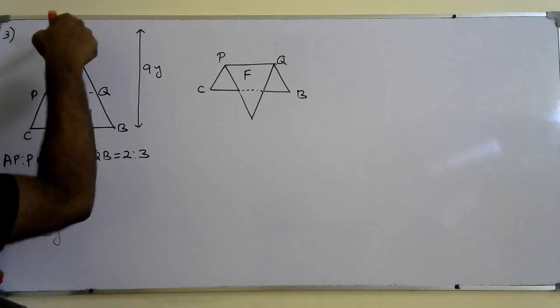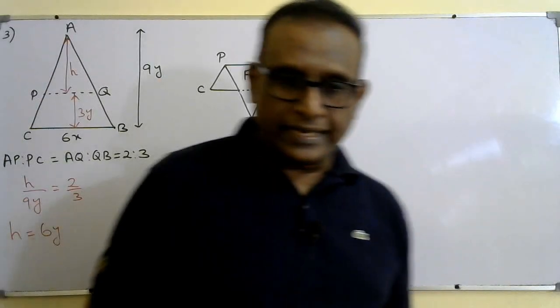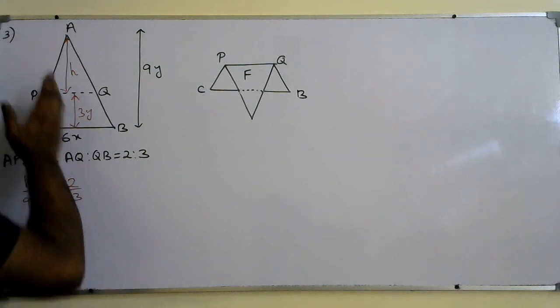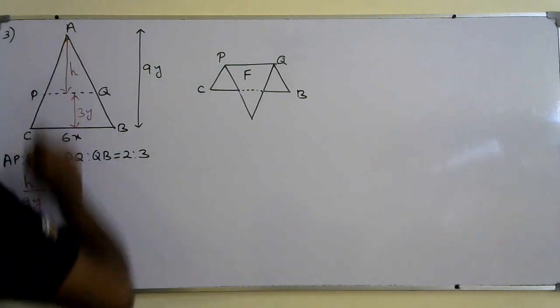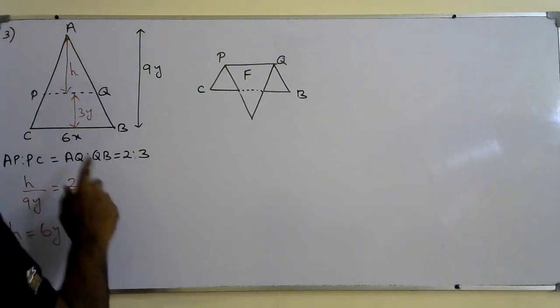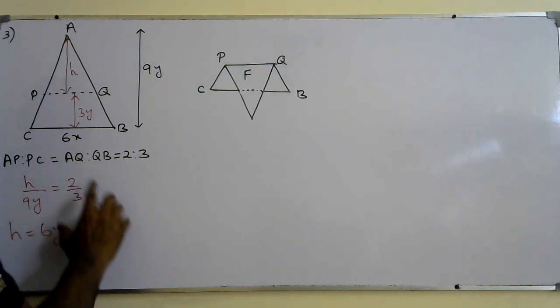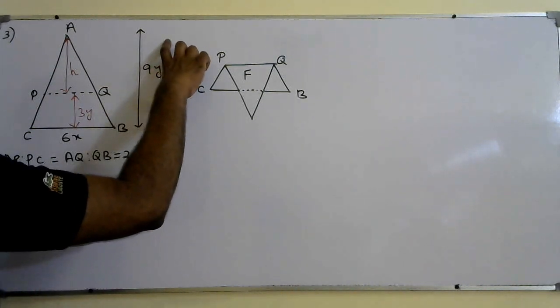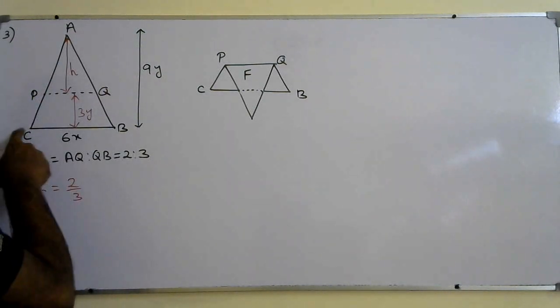Okay, for the triangle ABC, its center of mass will be at 1/3 from the base on the median, right? It's symmetric, so the median will be exactly at the midpoint that connects to the vertex A. So the center of mass of ABC will be at a distance of 1/3 of 9y, that means 3y from BC.